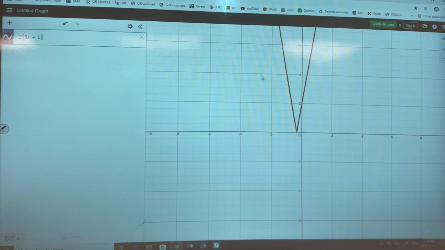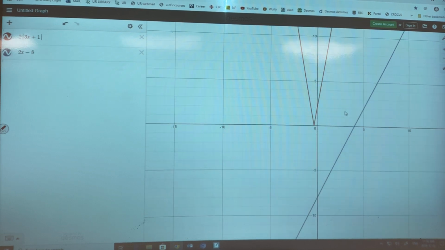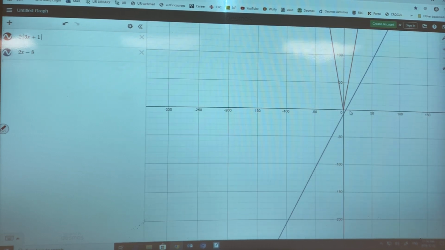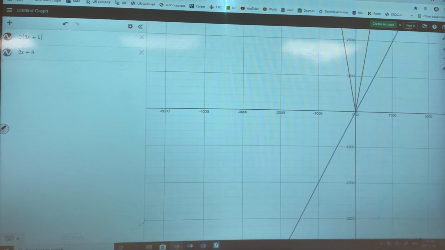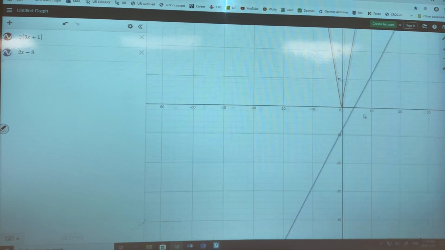Okay, so there's the absolute value of the line. And now we will graph, what's the other one? 2x minus 8. Okay, so there's the two lines. Do they ever touch? No. And if you zoom out, you can imagine they'll never touch. It's starting to look like they touch, but they're not. Zoom in, no touching.